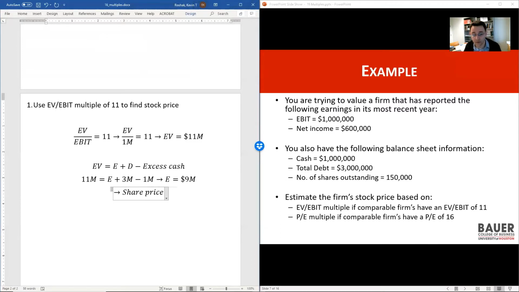Finally, we solve for the share price. We know that the share price is going to be the value of all the equity divided by the number of shares. All of the equity is 9 million, and we have 150,000 shares. That's going to give us an implied share price of $60.